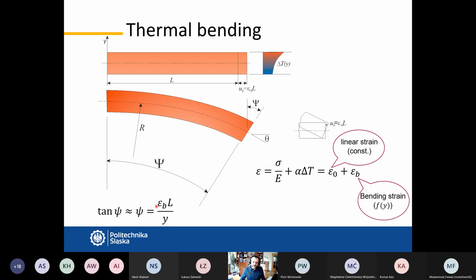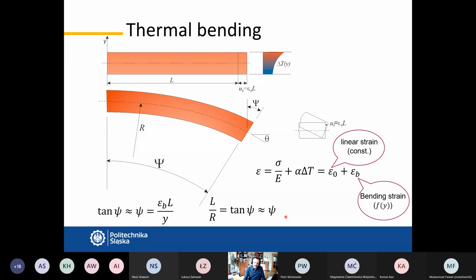And that would be epsilon B times L divided by Y. So this results from the small angle, from this triangle here. And also it can be expressed as L over R, so length over the radius of the curvature.